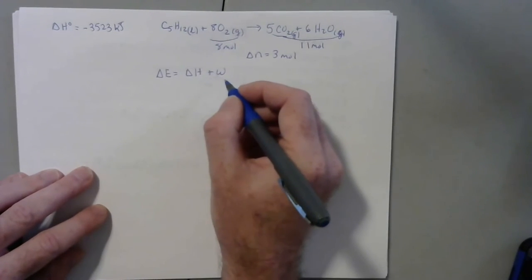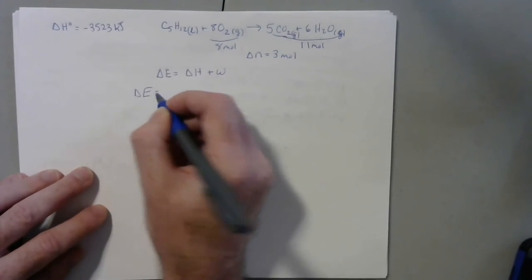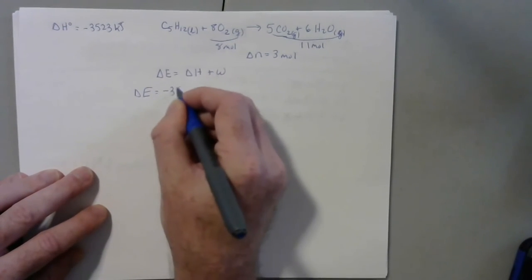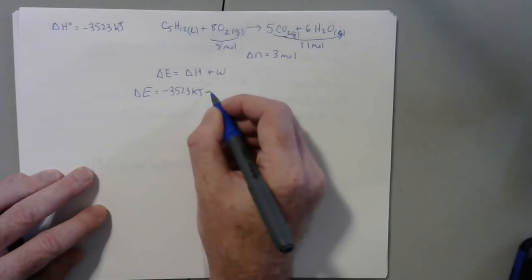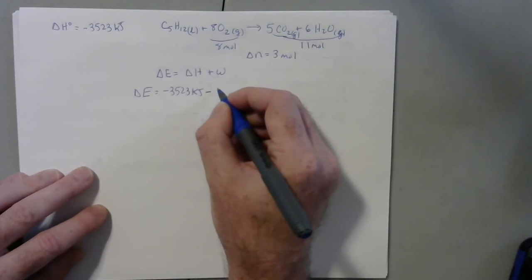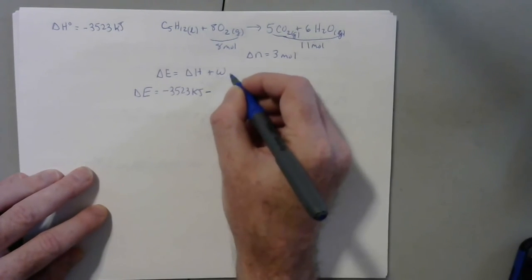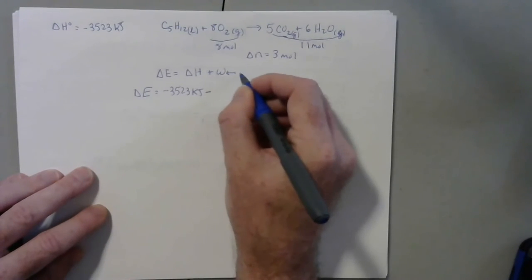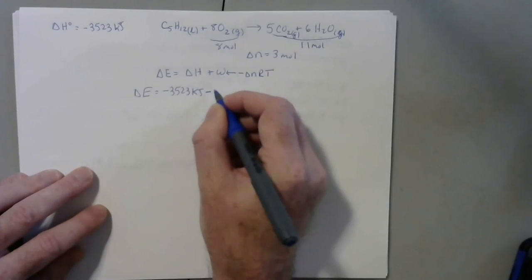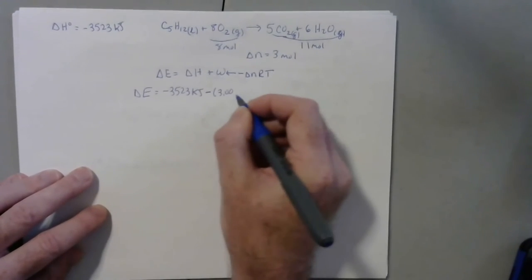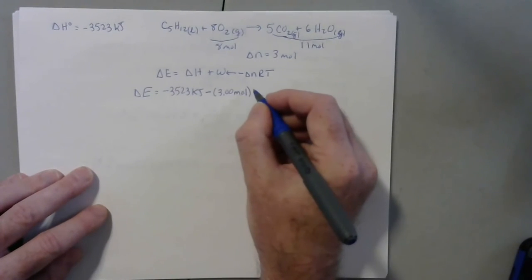Instead of Q, we're writing delta H. So plugging in, delta E is going to be negative 3523 kilojoules minus, we're going to have to get work, so we're going to use minus delta n RT. So we're going to minus 3 moles. Instead of the P delta V, we can say minus nRT. We set that equivalent in our previous video.